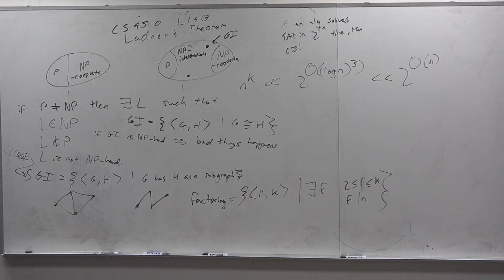Factoring is in NP. You can prove it's in NP just by giving a factor of it, right? That's the verifier. But the best algorithm we have for it, I think, is Pollard rho, which runs in time square root of the size of the smallest factor, which is approximately sub-exponential, right? It's quasi-polynomial. Question? Probabilistic? No, the deterministic algorithm, right?